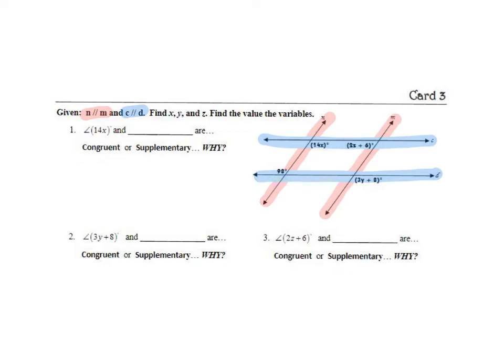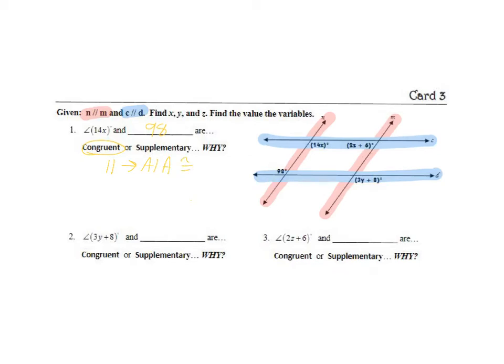So if we look at 14x and 98, those are going to be congruent. And if we look at the reason why, our reason why is that parallel lines imply that alternate interior angles are congruent.